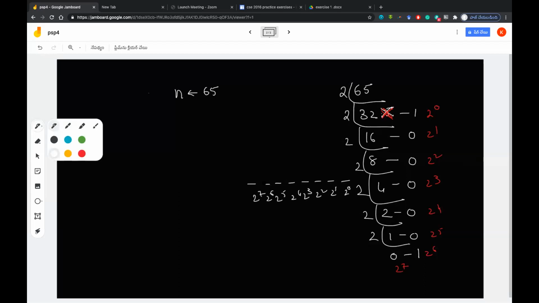Your ones are on 2 power 6 and 2 power 0, and the remaining are all zeros. That means you only need to add 2 power 6 plus 2 power 0, which will give you the number 65. This is what is happening.